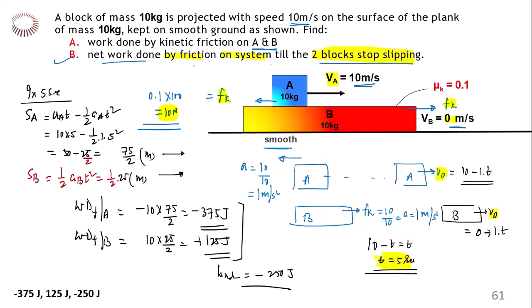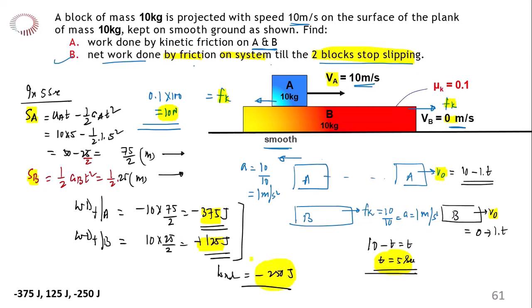That means after 5 seconds, both blocks are moving with the same speed, which means they stop slipping. Now, next we calculate the displacement of block A in 5 seconds. Similarly, I calculate the displacement of block B for 5 seconds. Now we calculate the work. Once I calculate the work done, one work is negative, another work is positive, and most importantly, net work is bound to be negative.